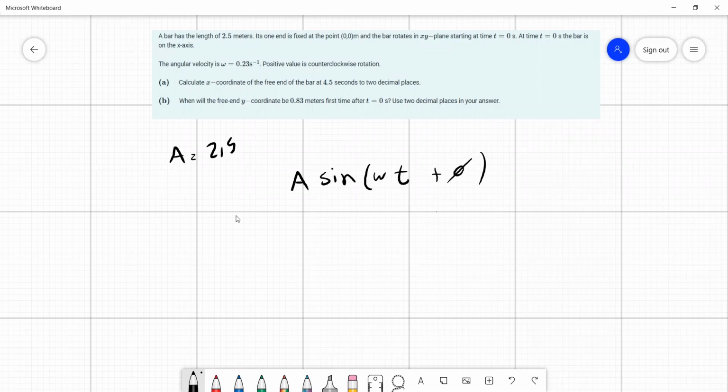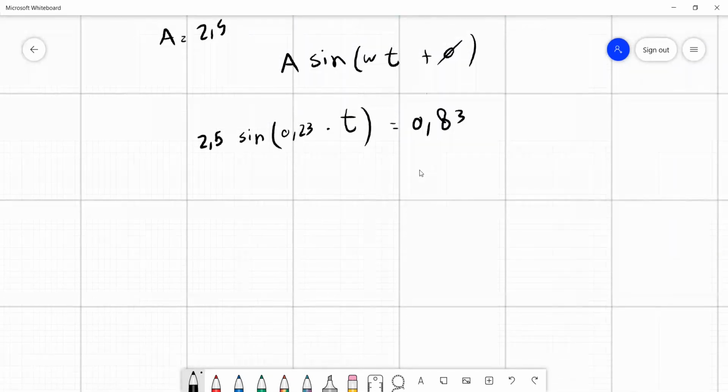So we do know A, which is 2.5, and we realize that it's a sine. It has a sine-like behavior, and we do know that omega is a very slow 0.23. We don't know time now. Time is what we need to find, and we want to find the time when the y value is 0.83.